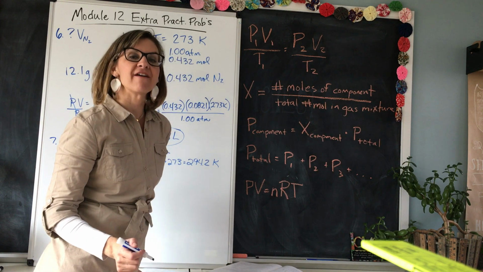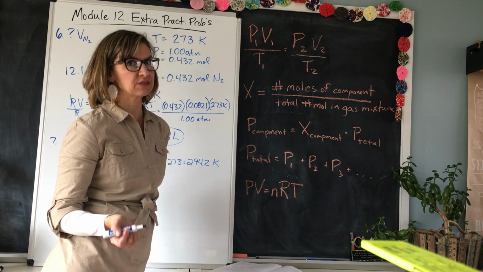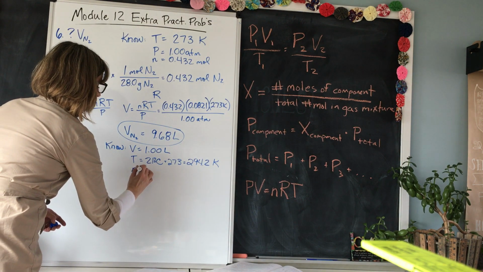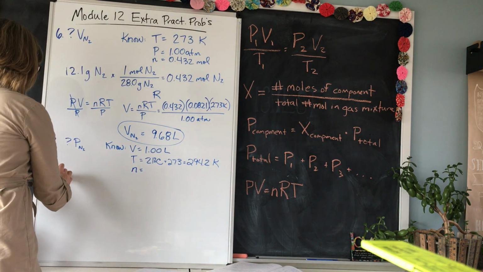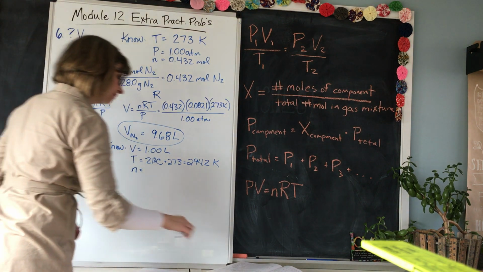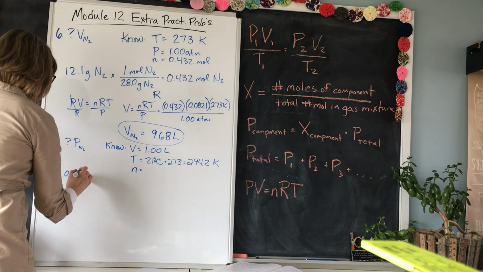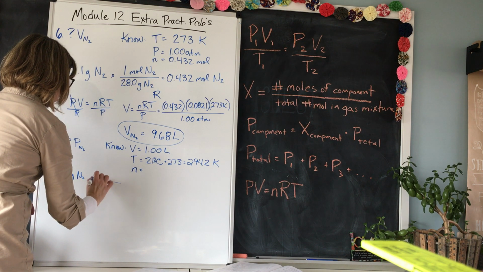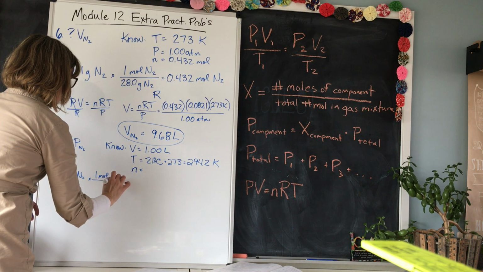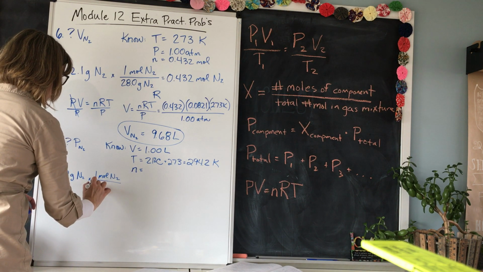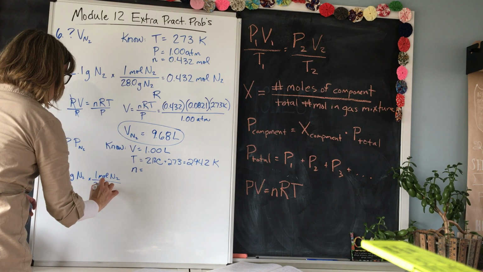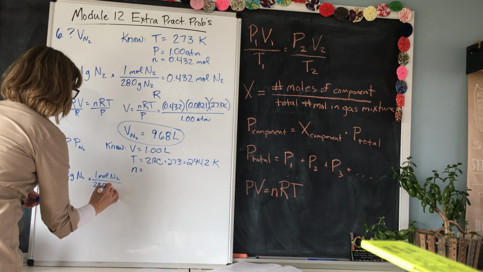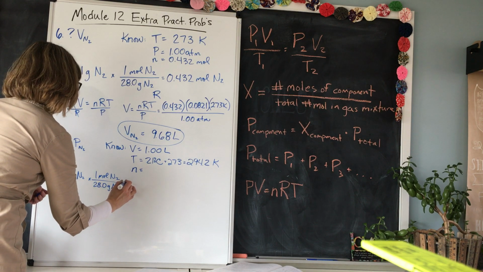Yes, we know that we have 5.0 grams of nitrogen gas, which means we can figure out the moles. So we're gonna know n. n equals 5.0 grams of nitrogen gas times 1 mole of N2 divided by 28.0 grams of N2.